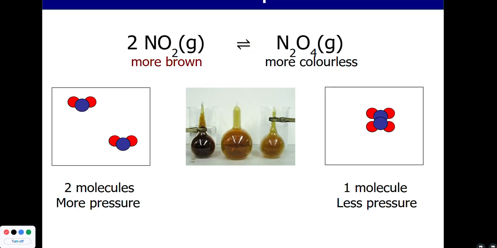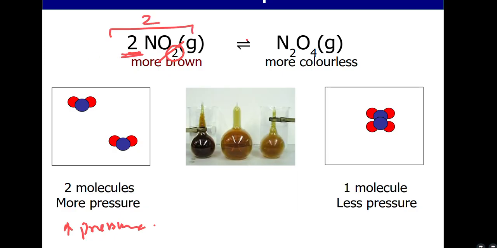Now let's talk about the other scenario. Let's say I'm asking what would be the effect if I increase the pressure. The equilibrium will shift towards the side where there are fewer gaseous moles. The bigger number over here is 2, not this number, as this is the number of atoms and we don't count it.